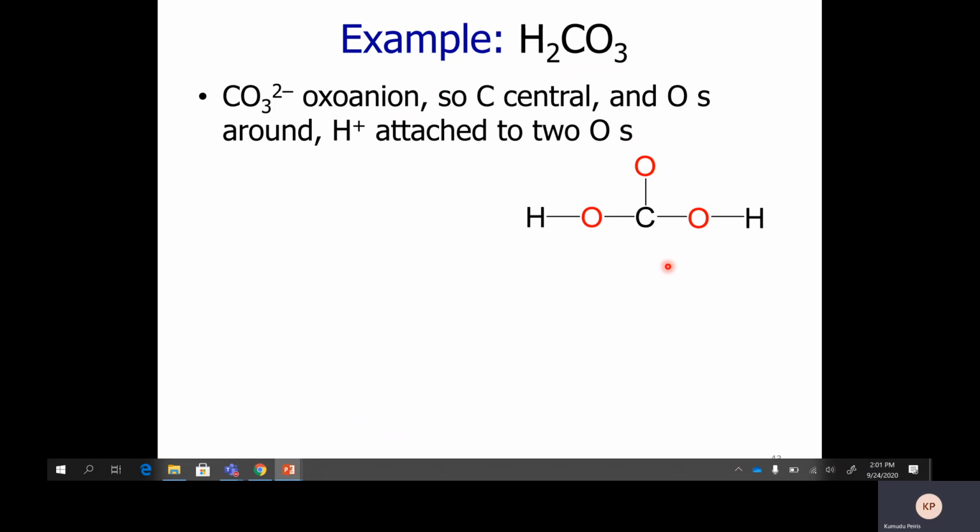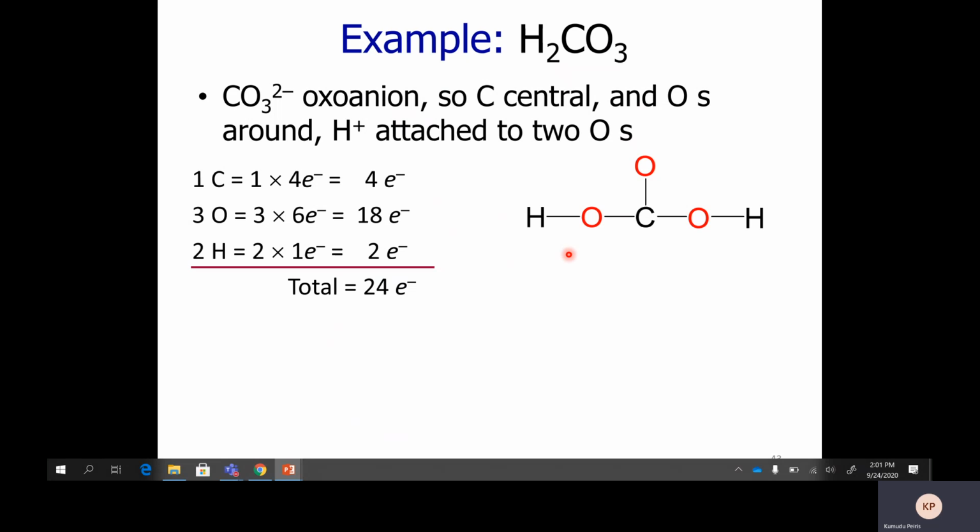Then we calculate the total valence electrons for this molecule. There is only one carbon and carbon has 4 valence electrons, so it adds 4 electrons. There are 3 oxygens. In one oxygen there are 6 valence electrons, so 3 oxygens add 18 valence electrons.